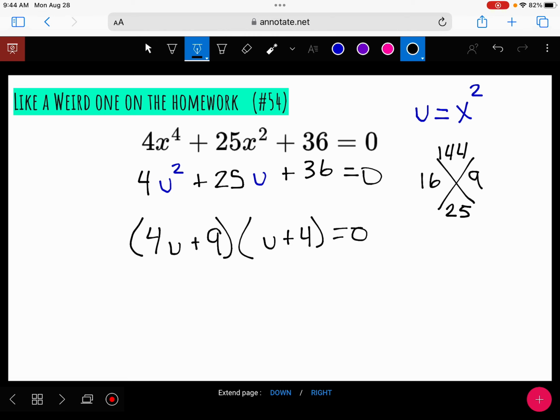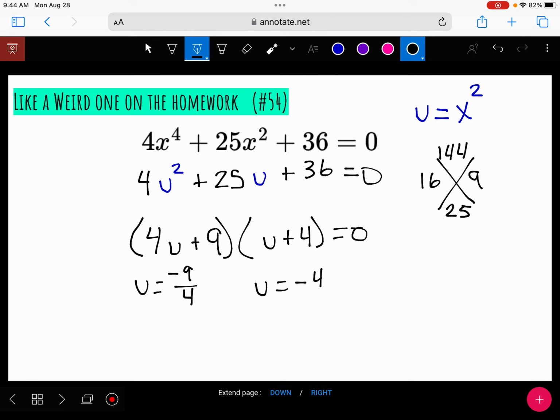When you have an a value, stop just taking these values. If you have an a value, you have to factor it with something. Box, grouping, I don't care, bottoms up, there's lots of different methods. Factor it somehow. So we're going to get our u solutions as -4 and -9/4, right?